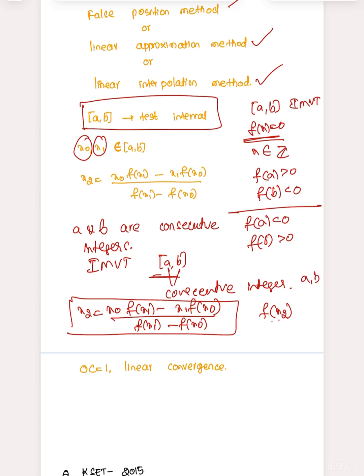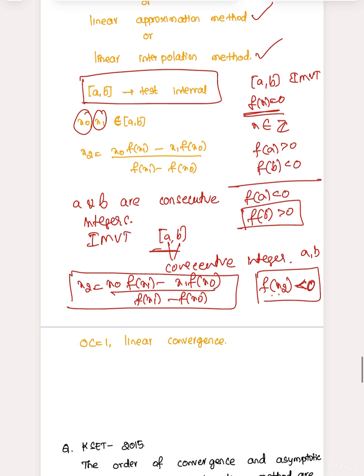Here if f of x0 is greater than 0 and f of x2 is less than 0, then we have to club x2 with x0. Otherwise, if f of x0 is less than 0 and f of x1 is greater than 0, then we have to club x2 with x1.